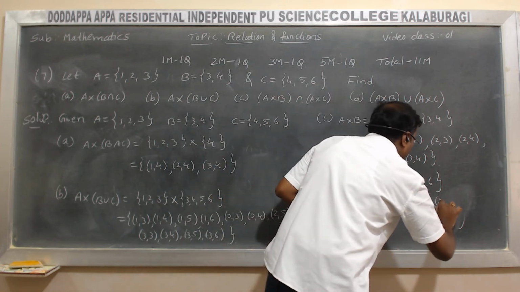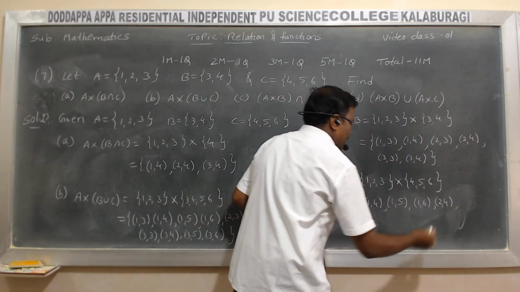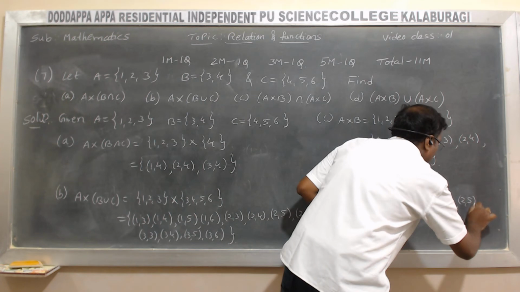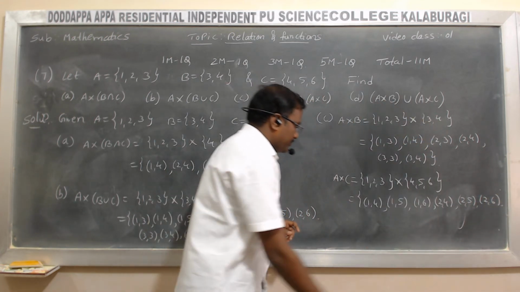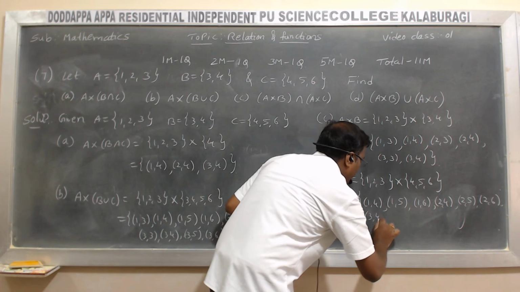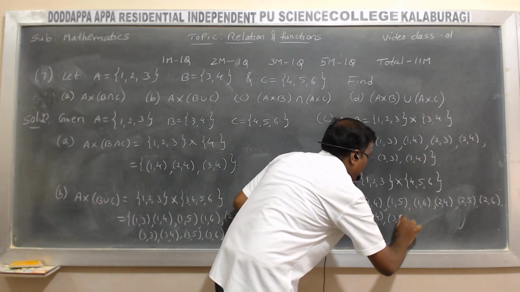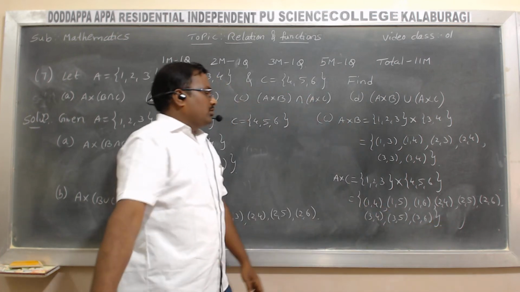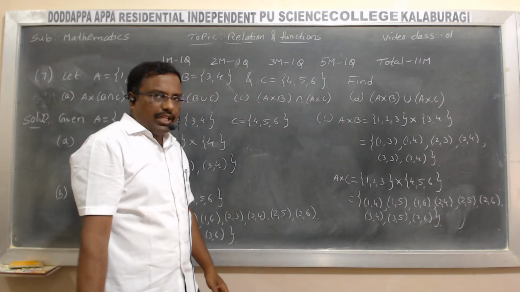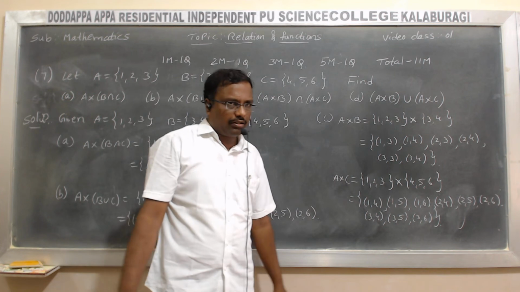Similarly, (2, 4), (2, 5), (2, 6). Next (3, 4), (3, 5), (3, 6). So you can find the values of A cross B and A cross C.